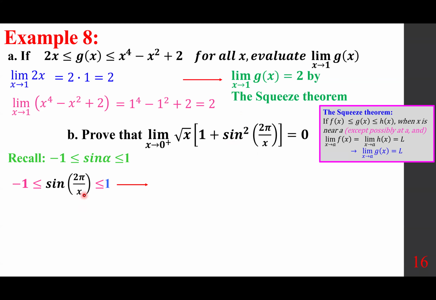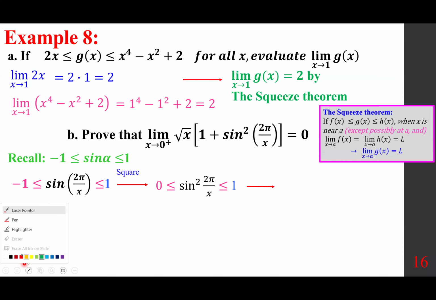So we're going to square all sides. And I want to make a point that this is 1, this is sine squared. -1, if you square it, is also 1, but it's between 0. I want to emphasize this so everybody understands how that thing works.